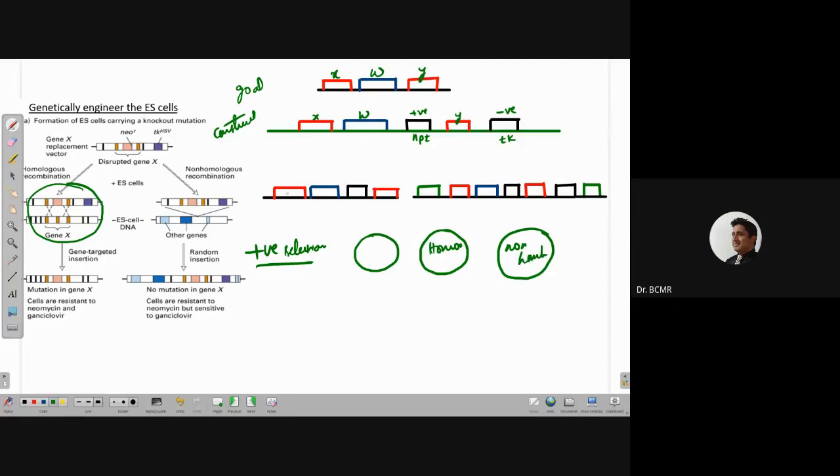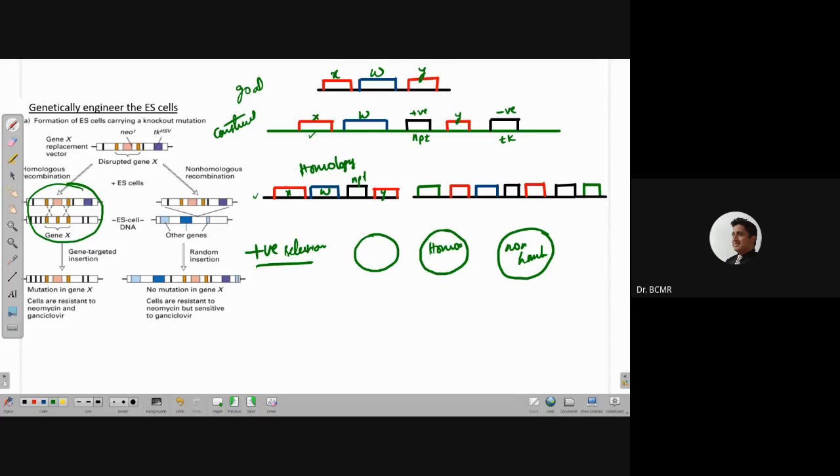Okay, and I will just describe again what it means. This one is through homologous recombination. Homologous recombination would happen between the gene X on the genome and on the construct.